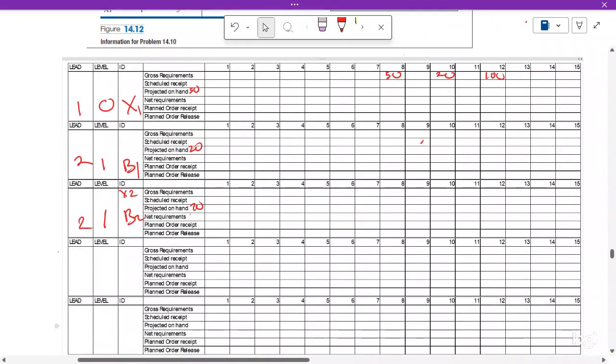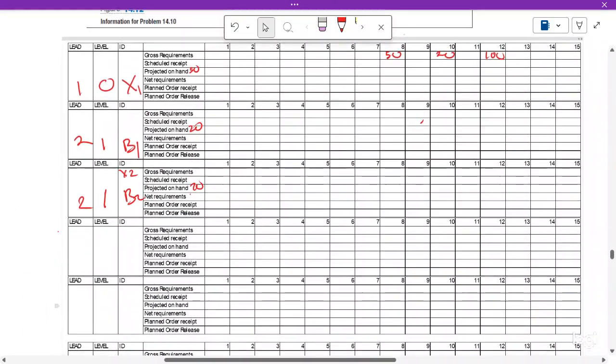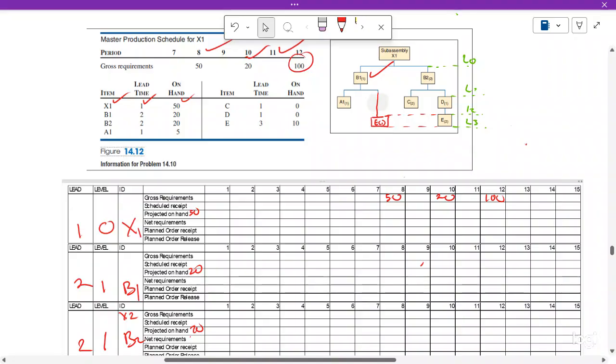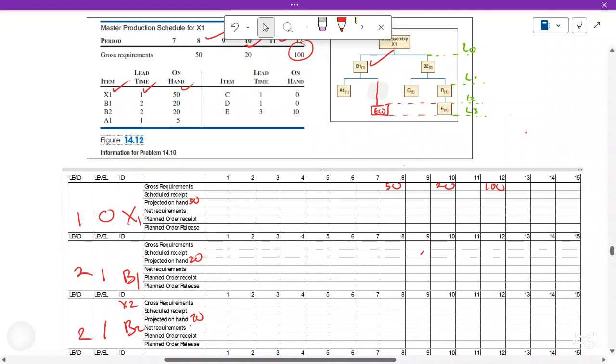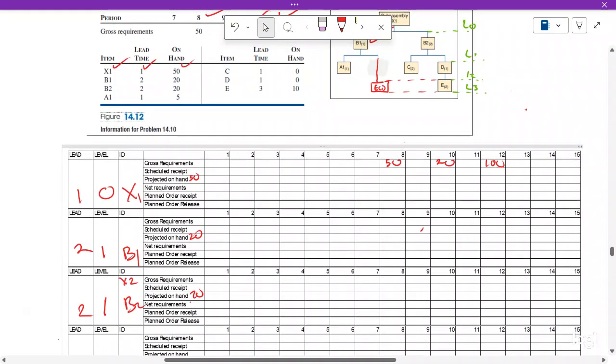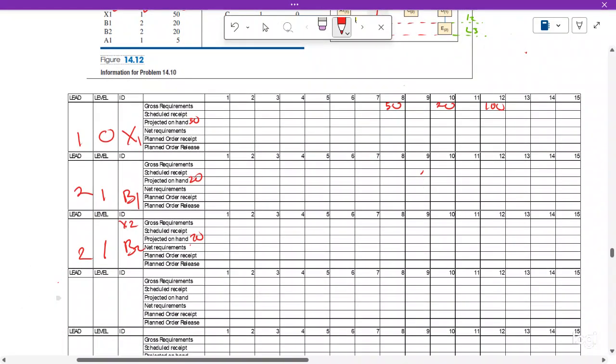Then we are moving to A1, which is times 1. A1 comes from B1, which is times 1.